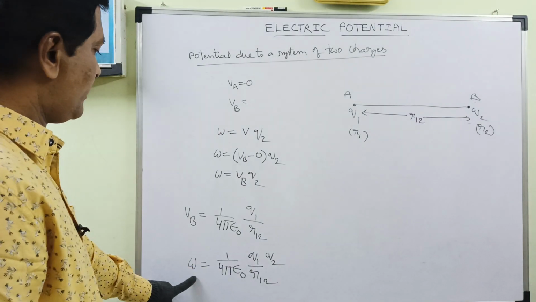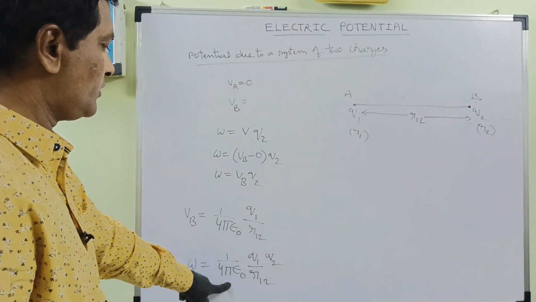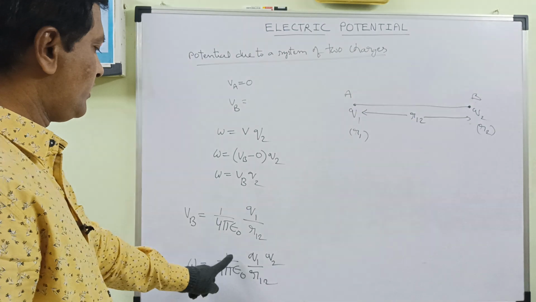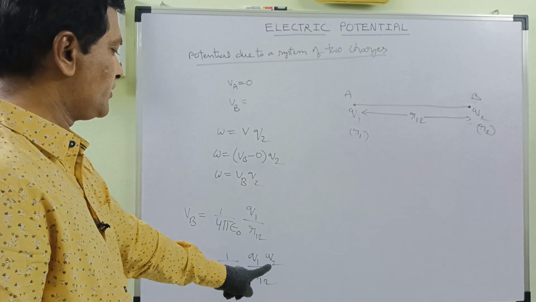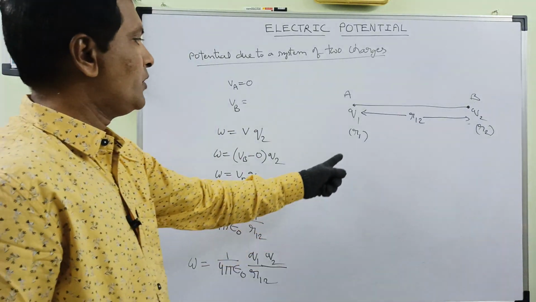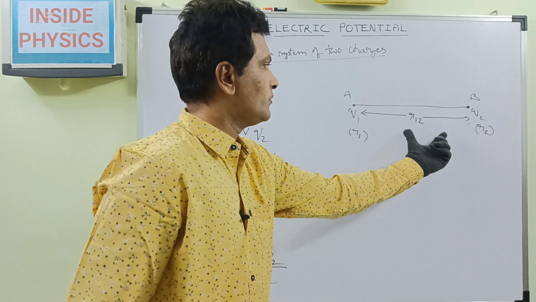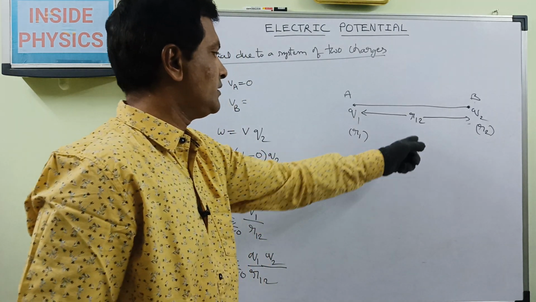So here the work done will be in this form: W is equal to 1 by 4 pi epsilon naught Q1 Q2 by R12. R12 means the distance between position vectors R1 and R2. The distance between Q1 and Q2 is R12.